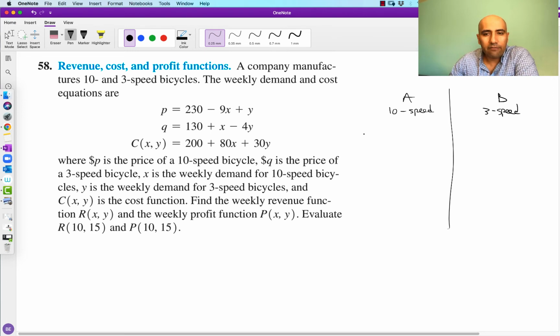Okay, but then we have price, you know, what you charge for it, and then you have demand. Okay, so the price is P. P is the price of the 10-speeder, and Q is the price of the 3-speeder.